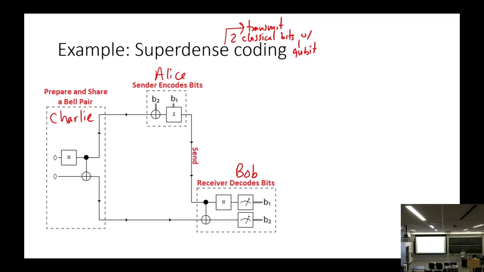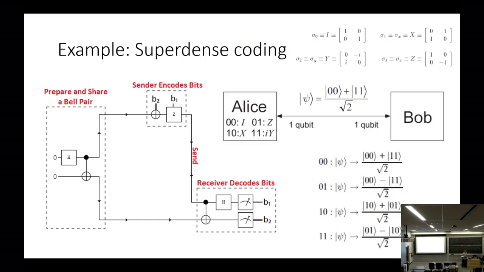So before Alice can attempt to transmit these 2 classical bits of information using her Bell state, she has to apply a single gate operation based off of her intended message. So here's the setup. I have Charlie, he sent 2 identical qubits that are a Bell pair, one to Alice, one to Bob. They look like that. And then Alice is going to send her qubit to Bob.